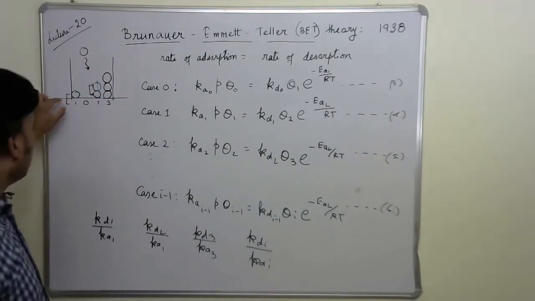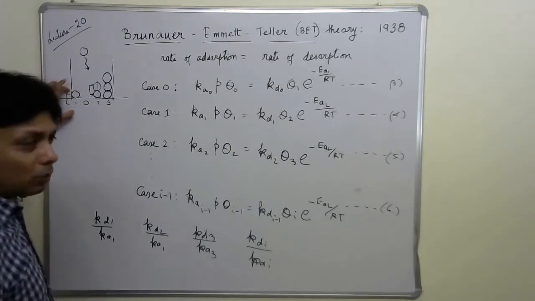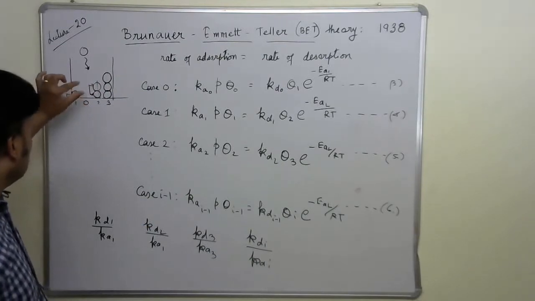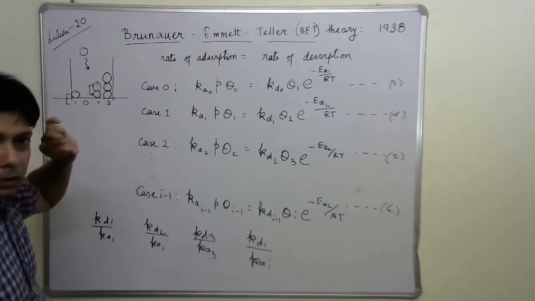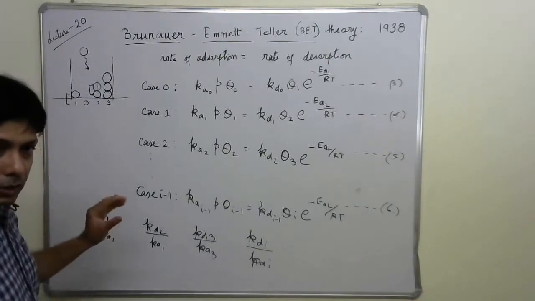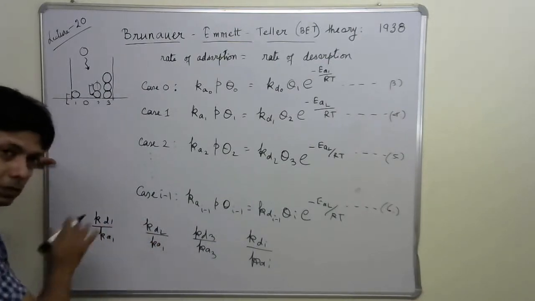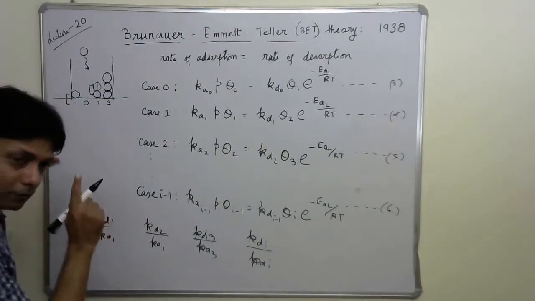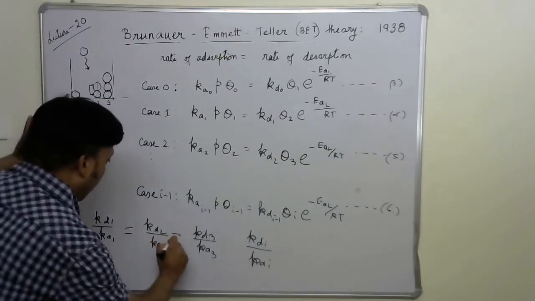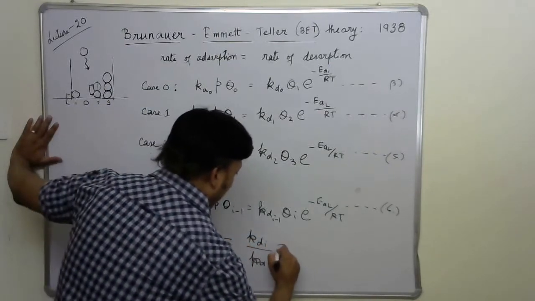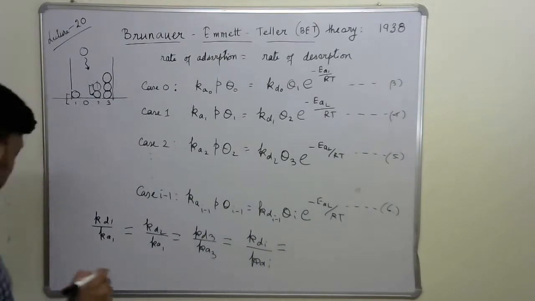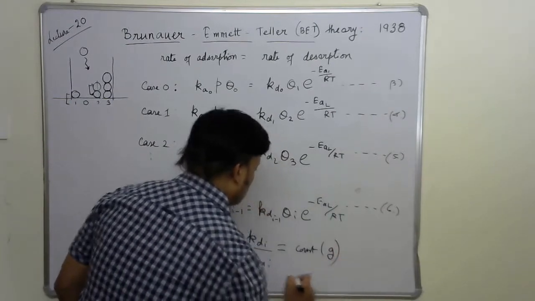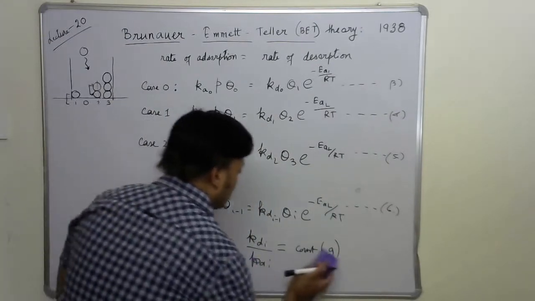Now except for the first layer, for any other multiple layer, these interactions are essentially between the liquid molecules and they are identical, so we expect that the reverse of the equilibrium constant for the liquid layers only, that means except for the first layer, should be all identical. We assume that this is equal to a constant, and that constant is called G, say.